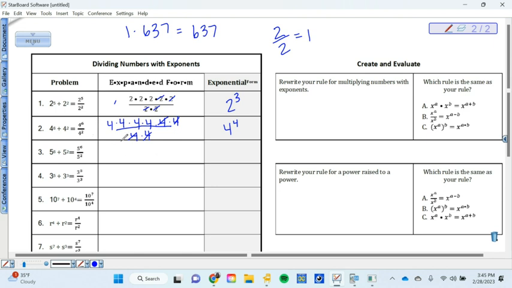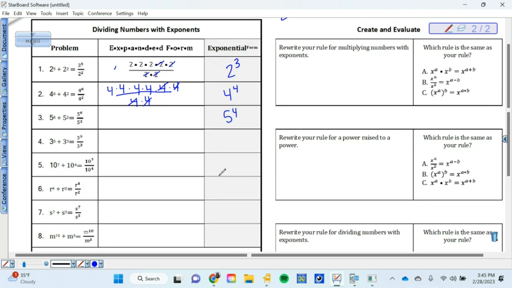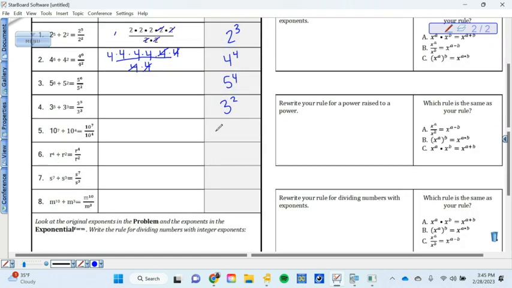So number 3 is going to be what? 5 to the 4th. Yes. Number 4, 3 to the 2nd. Number 5, 10 cubed, 10 to the 3rd.